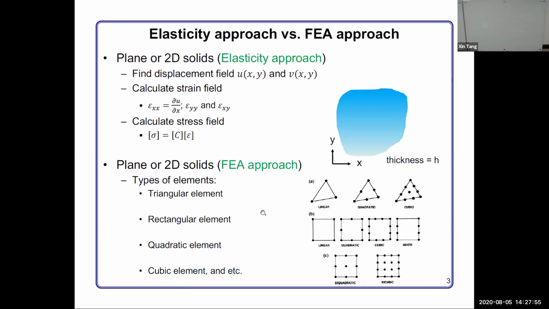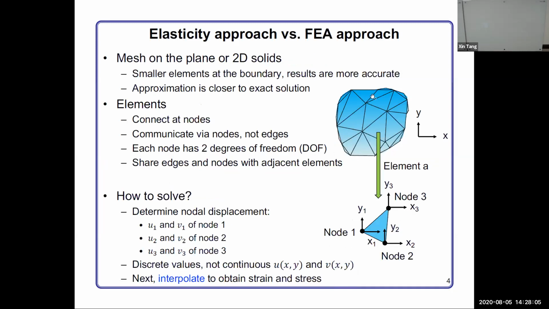So now let's see if we put those elements on this material, what will happen? For the object, when we mesh it, mesh means we separate the material into small elements, into small discrete portions. Each portion, like this portion, is an element, and they have nodes at the side, and then connected with another element.